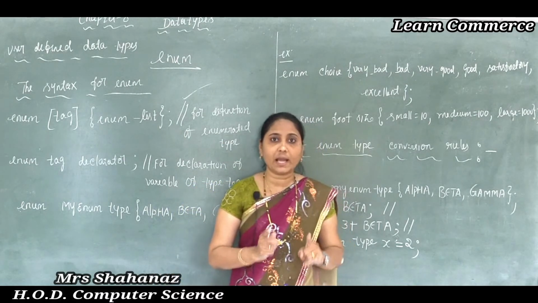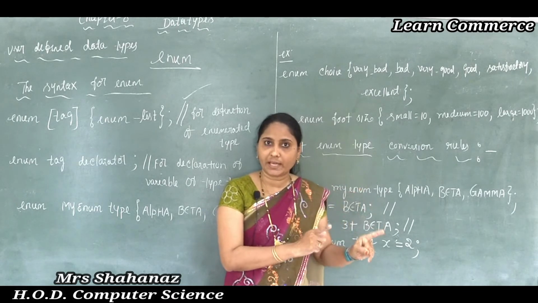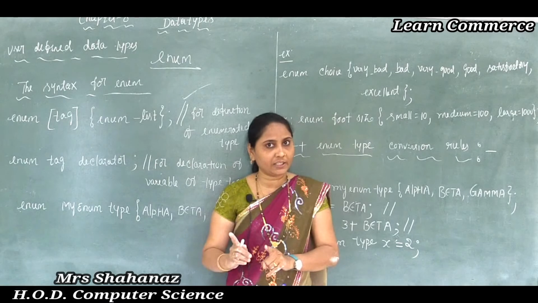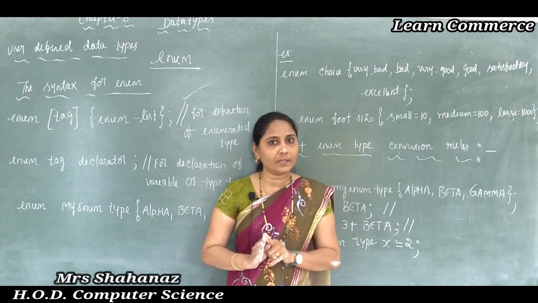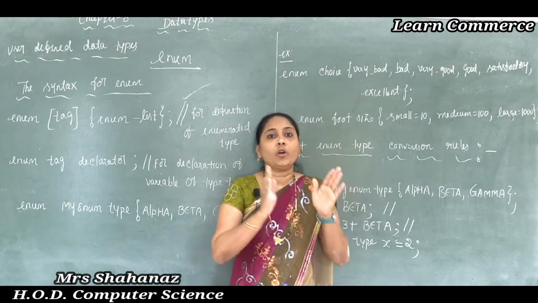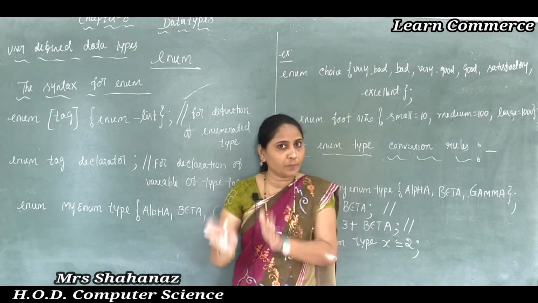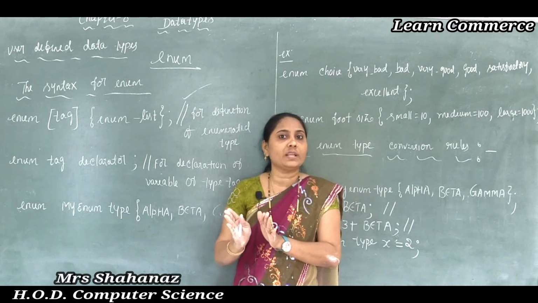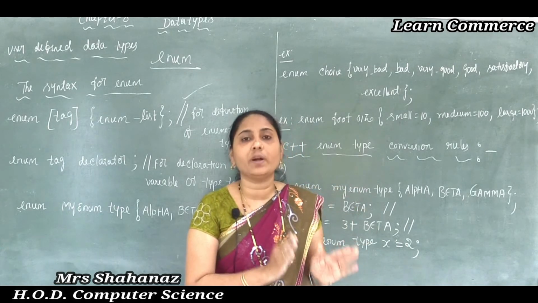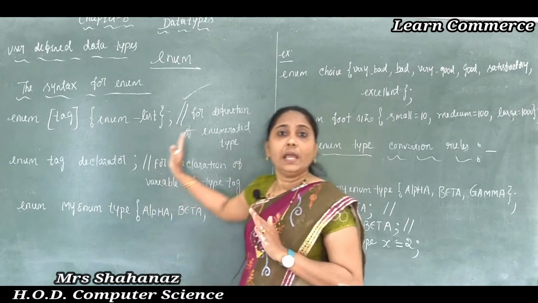So we can say that enumeration is a user defined data type constructed using simple or fundamental data types. Next, it consists of a set of named constants, and such constants are called the enumerators, and here the keyword we use is enum.